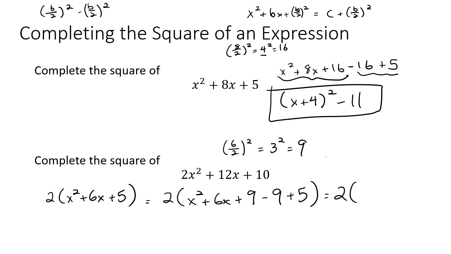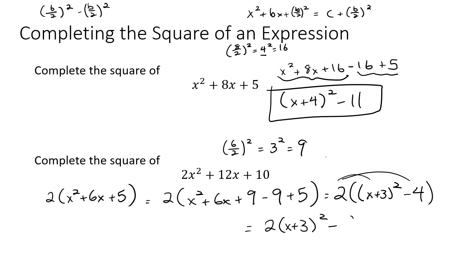Those first three terms factor perfectly into x plus 3 quantity squared. But then we still have a minus 9 plus 5, or a minus 4. And then the last thing we do is we just redistribute the 2 through. And so this leaves us with 2 times x plus 3 quantity squared minus 8.